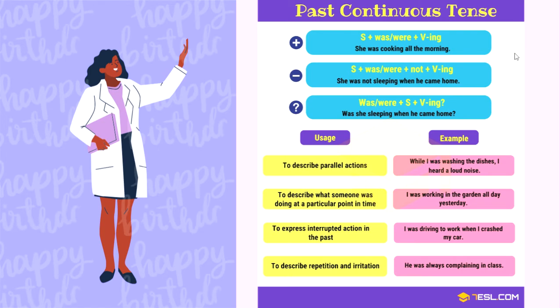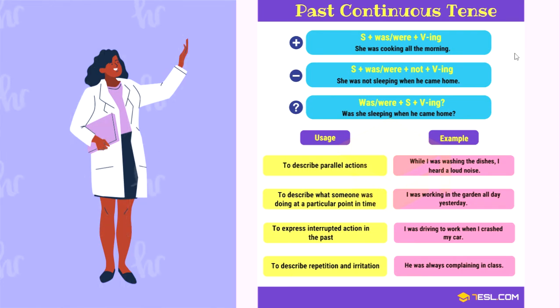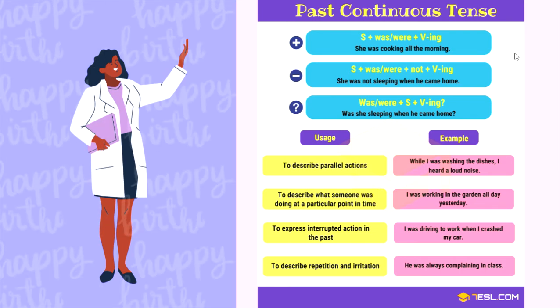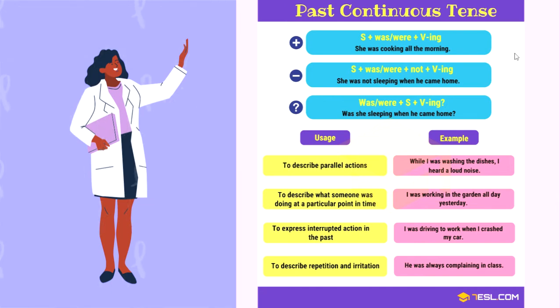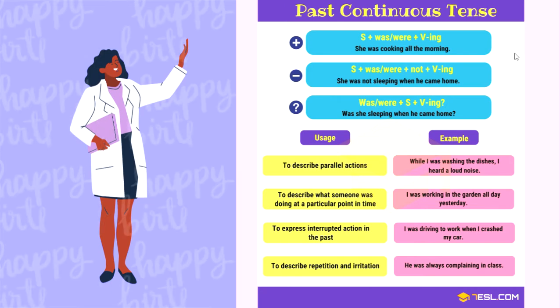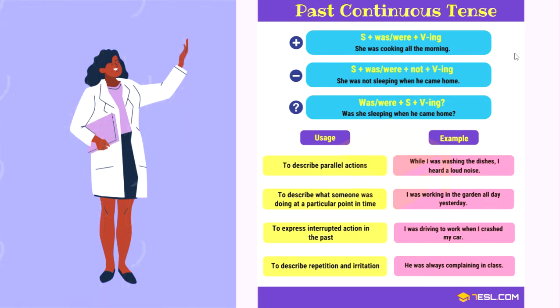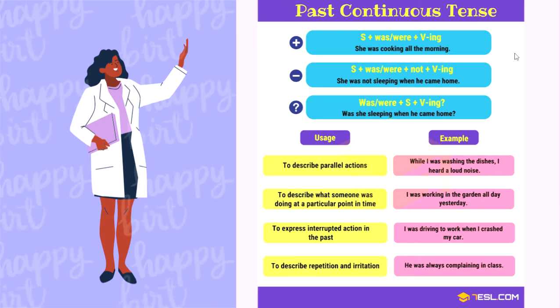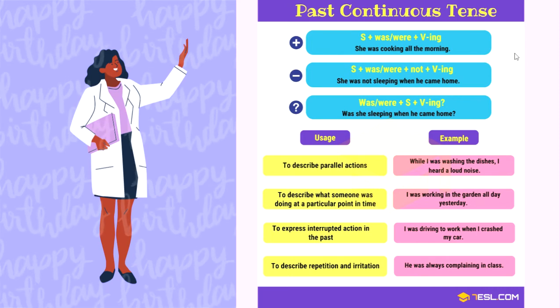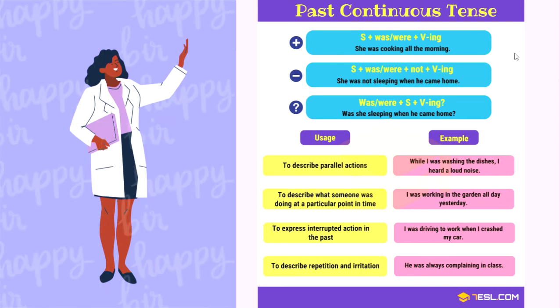The first is she, subject, was, auxiliary for third person, cooking, the verb with ing, all morning is the complement. In the negative form, she, subject, was, auxiliary in third person, not is the negative, sleeping, verb with ing, and when he came home is the complement.